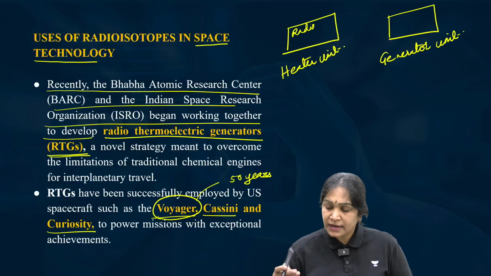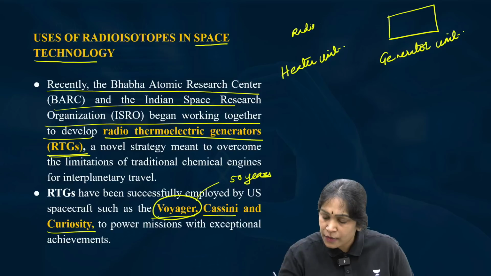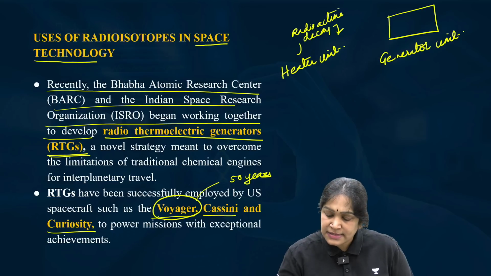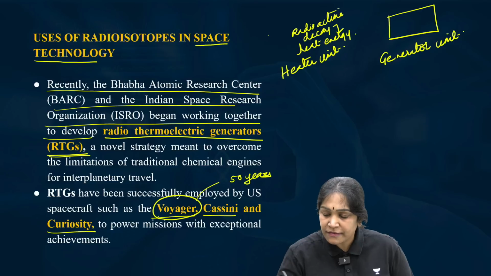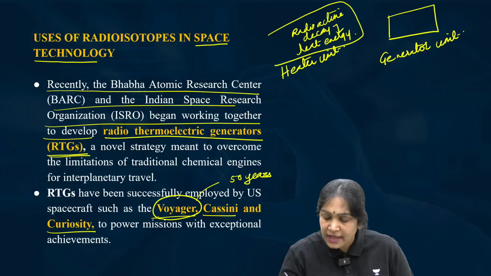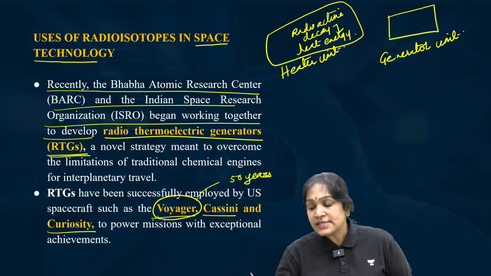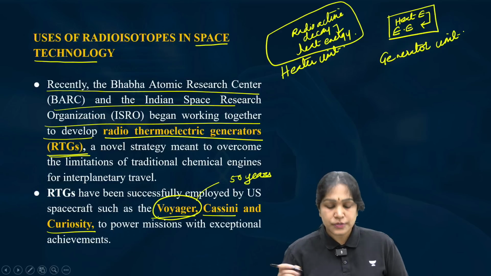Radioactive decay, and the decay releases heat energy. When the radioactive decay occurs, it will release heat energy. And the generator unit will convert that heat energy into electrical energy.